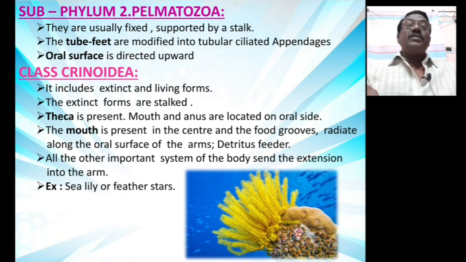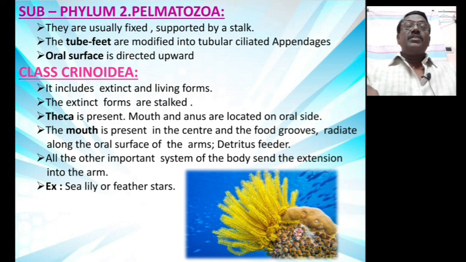And the major difference of this subphylum is that the oral surface is directed upwards. In the remaining classes of Eleutherozoa, the oral side is downwards, whereas in this Pelmatozoa, the oral surface is directed upwards. This subphylum includes only one class, Crinoidea.